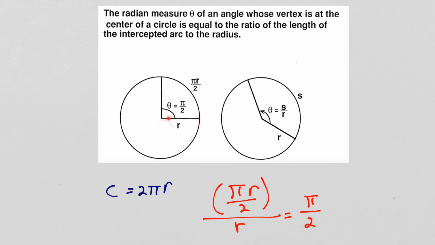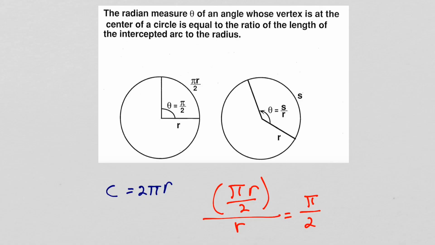So this measure of arc length over radius tells us we have a 90-degree angle here. This would be true no matter what angle we have. The intersection of the angle with the circle, this arc length S, over this radius R, will uniquely define this angle theta. For an angle of 90 degrees, that uniquely defined number was pi over 2. So this way of defining an angle is referred to as measuring the angle in radians.